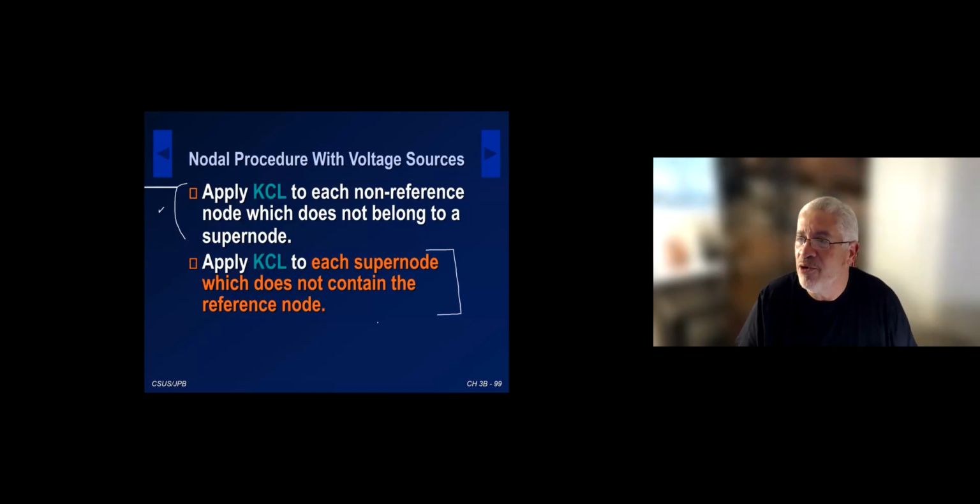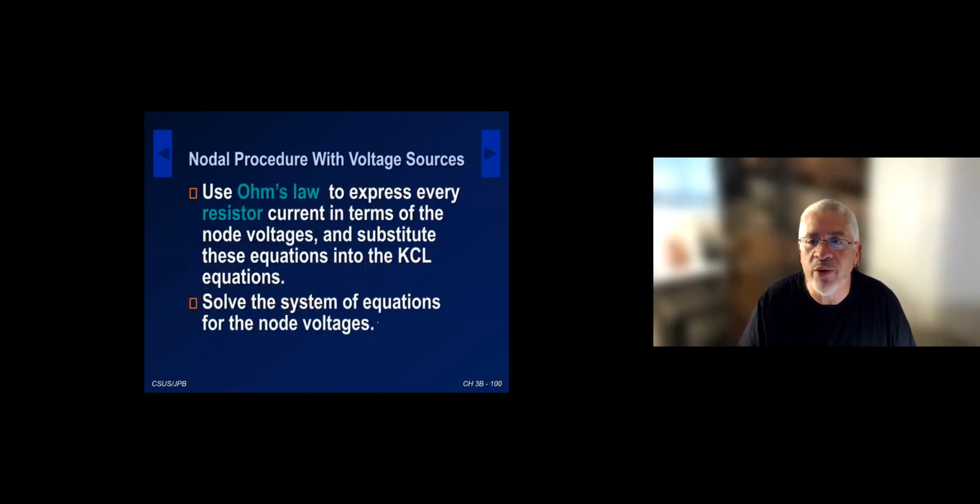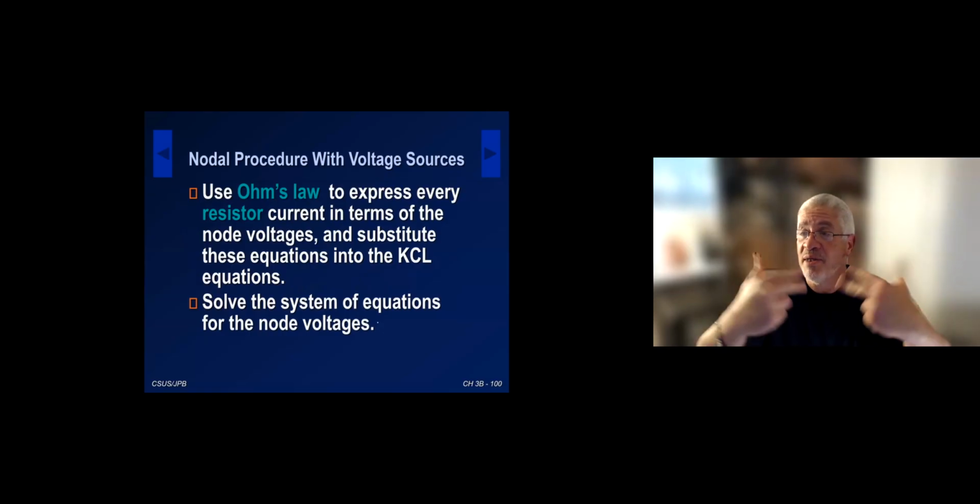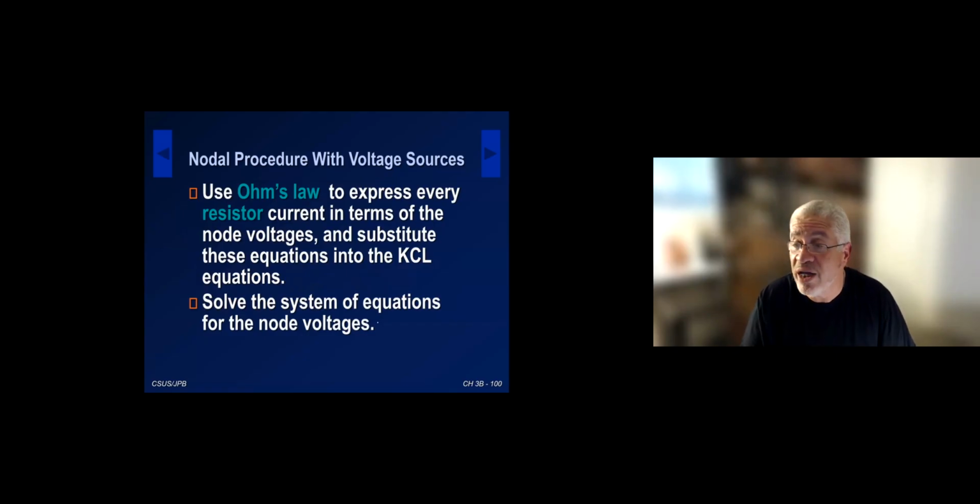Okay. The rest of the problem is fairly similar to what we've been doing. We use Ohm's law to write the resistor currents in terms of node voltages, using the passive sign convention, and then we substitute Ohm's law into the KCL equations, and then we get 3 equations, 3 unknowns, or 4 equations, 4 unknowns, and we solve the system of equations for the node voltages.